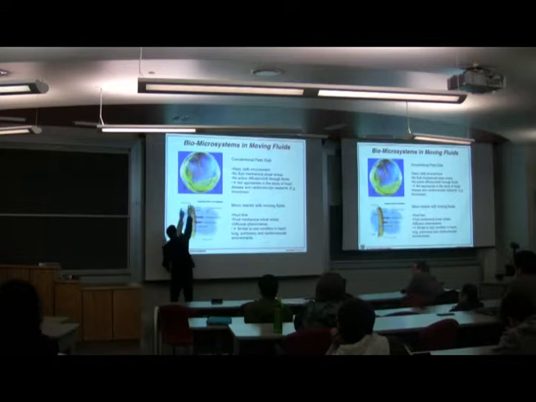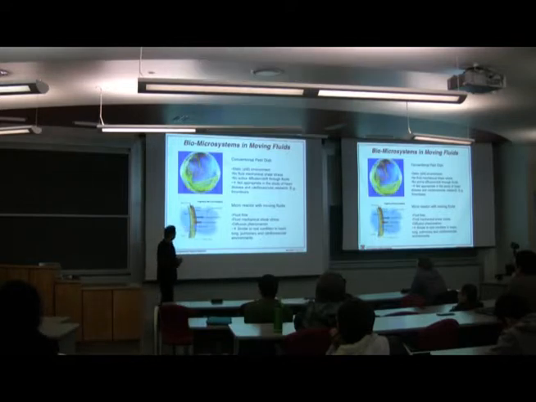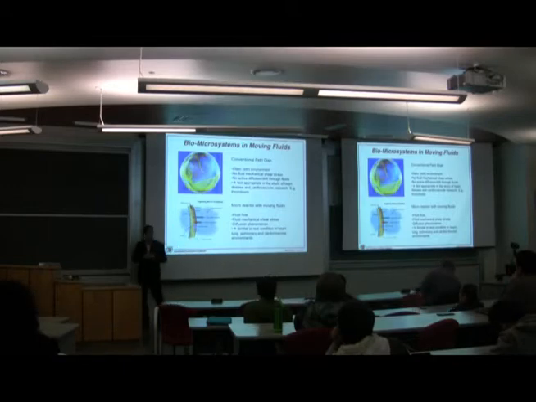So whatever we test on that Petri dish might not mimic the real systems. So what people are trying to move toward is to include moving flows. When we grow the cells under flows, maybe it can represent the real systems better.